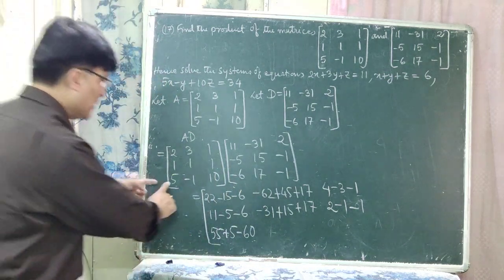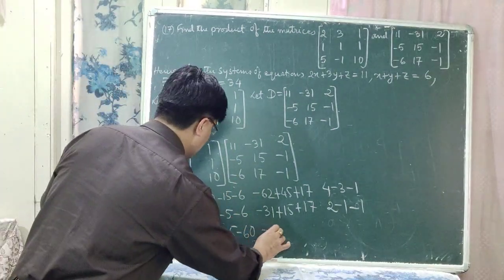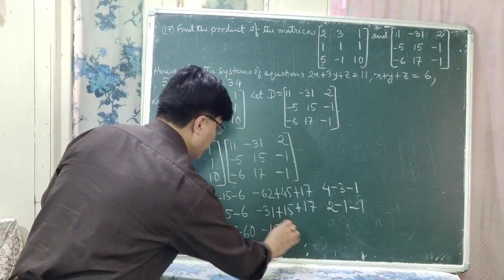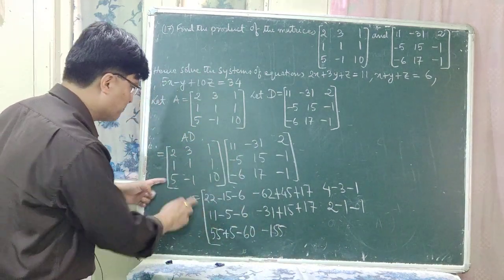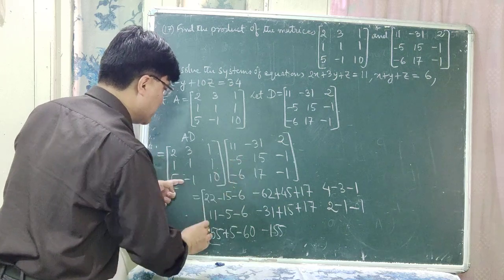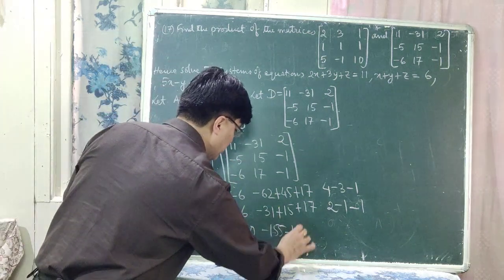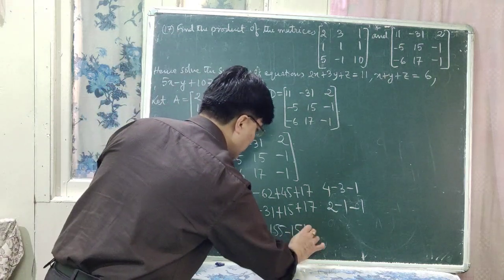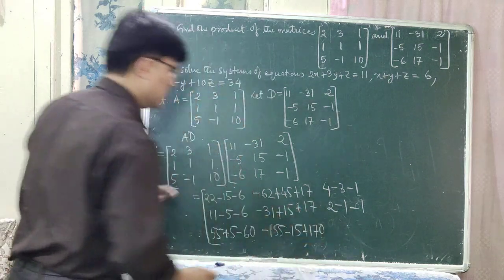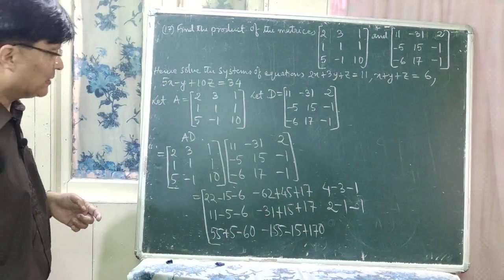So next, 5 into minus 31, minus 155, 5 1s are 5, 5 3s are 15, but you should write the minus sign here. Minus 1 into 15, minus 15, and this is plus 170, right?